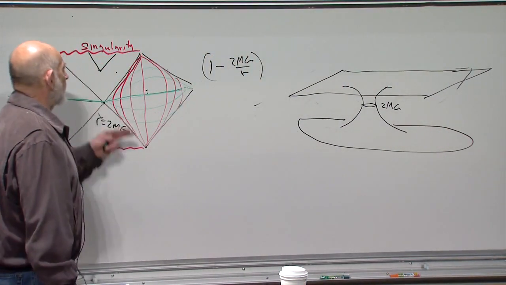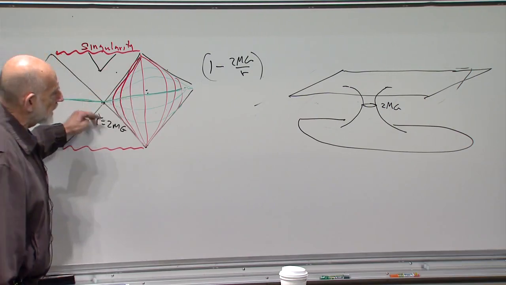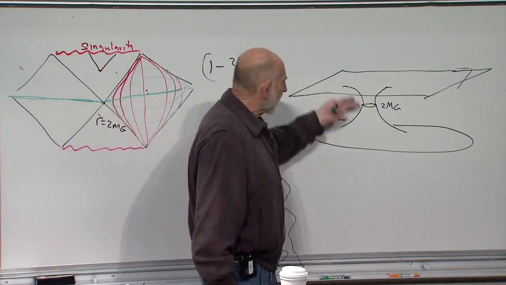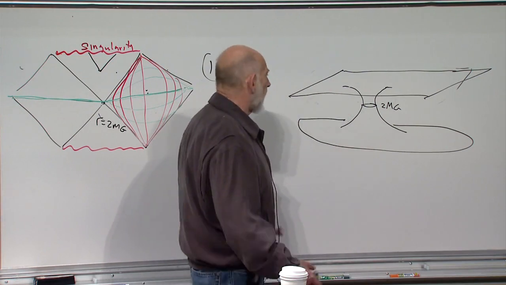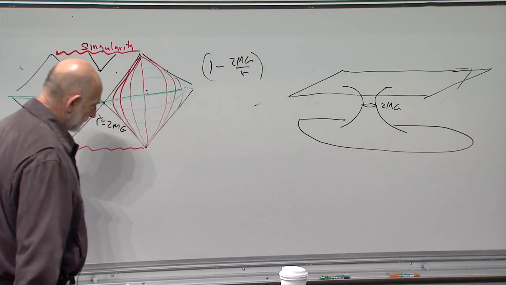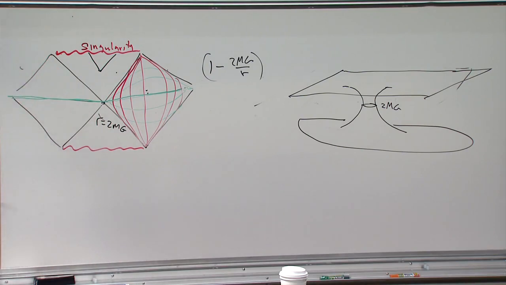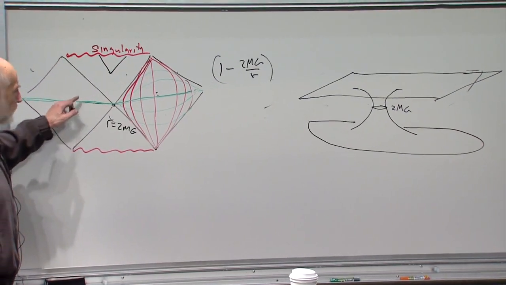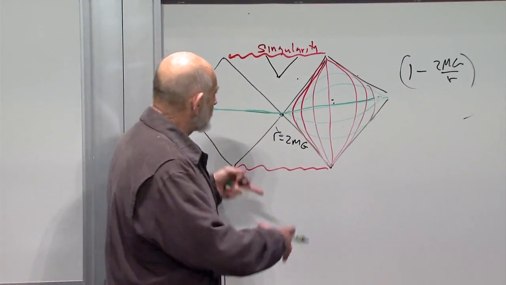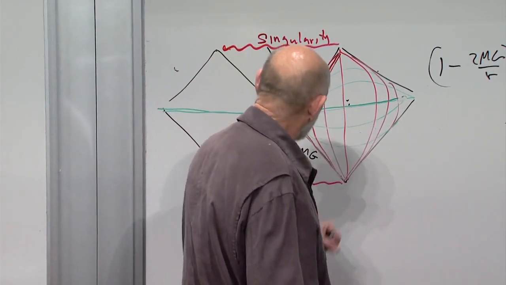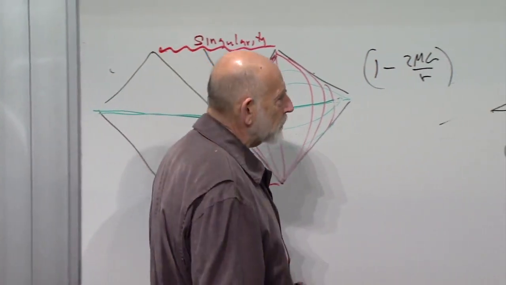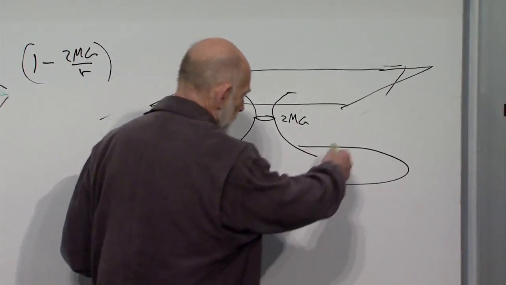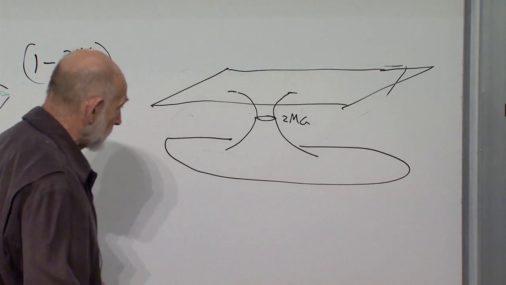It looks like you can pass through from one side to the other by going through what people call a wormhole. It's also called an Einstein-Rosen bridge. It connects two what appear to be external regions to the black hole, which get bigger and bigger as you move away from it. And it looks like the black hole is connecting two universes, two asymptotic regions.